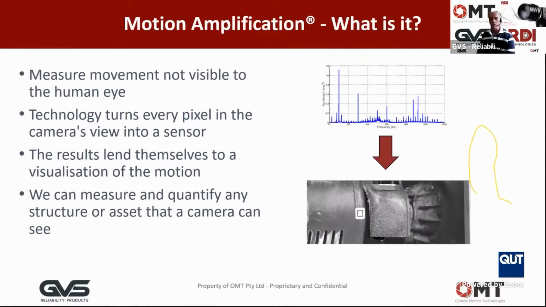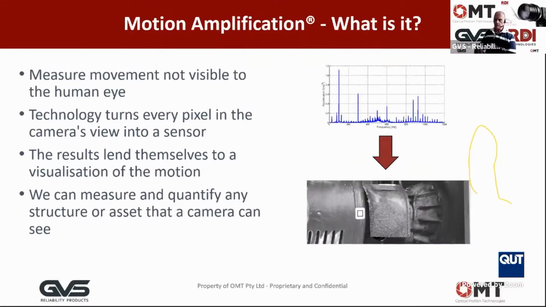The technology relies on the fact that there is some contrast in the video we're acquiring, and it's really looking at what's happening to the light intensity of each of those pixels from one frame to the next, and using those changes to help us determine what sort of displacement is present. That's how the technology enables us to extract the amplitude and frequency of displacements that might be present in the scene we're videoing.